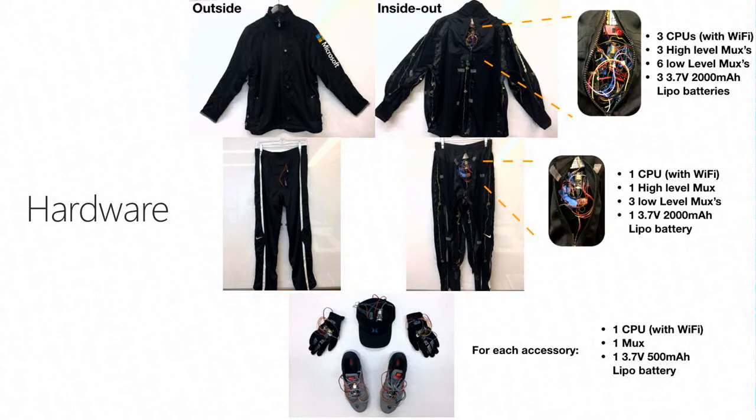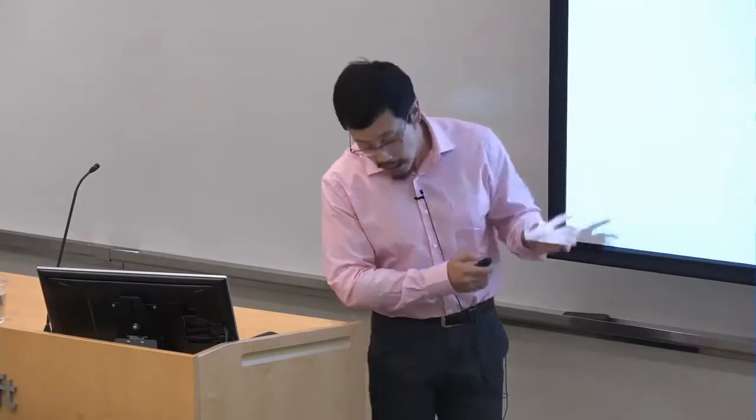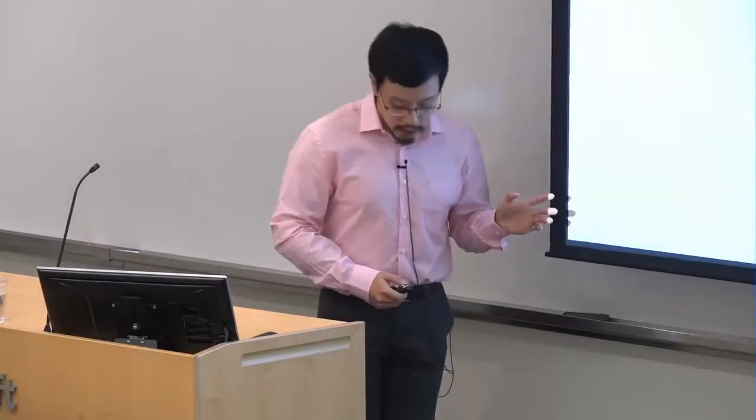So this is a snapshot of our actual hardware. It's 7 pieces of clothing: 1 jacket, a pair of pants, 2 gloves, a hat, and a pair of shoes. There are 38 IMUs and 8 infrared sensors embedded into the system. So this is the outside of the system.